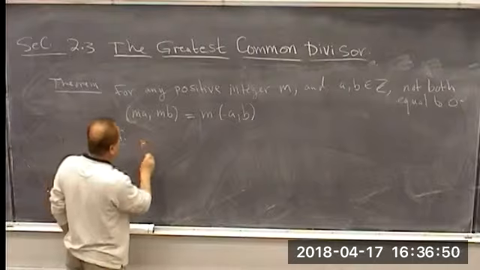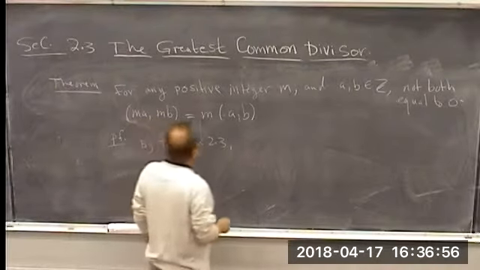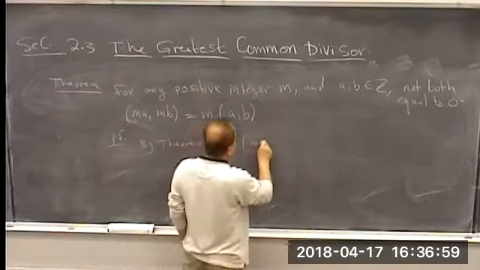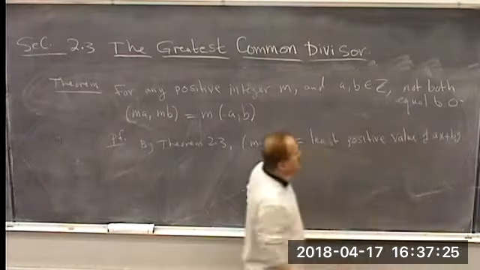By theorem 2.3, we have the greatest common divisor of mA, mB is actually equal to the least positive value of AX plus BY, as X and Y range over the integers.